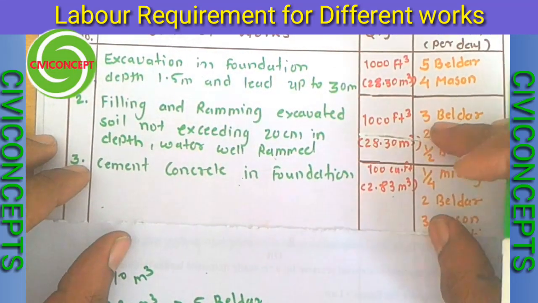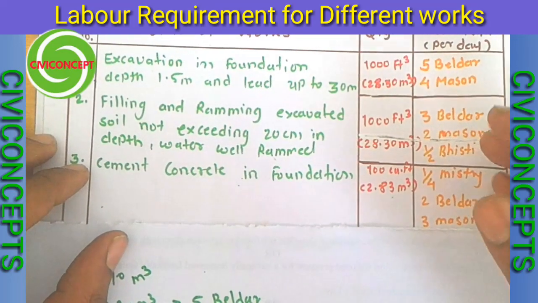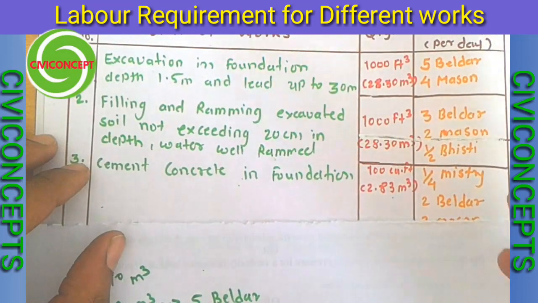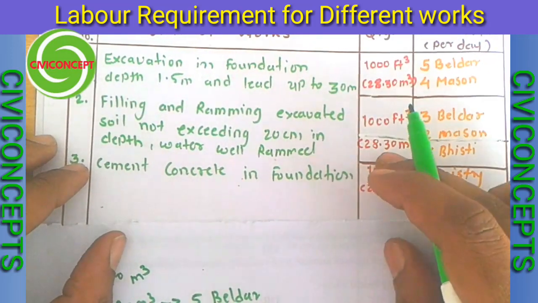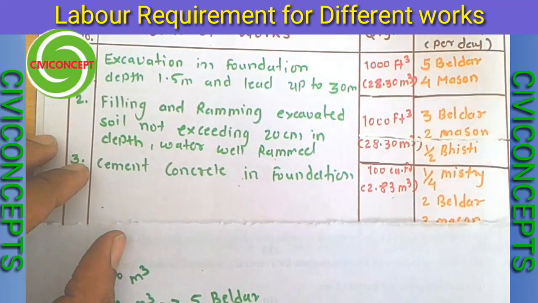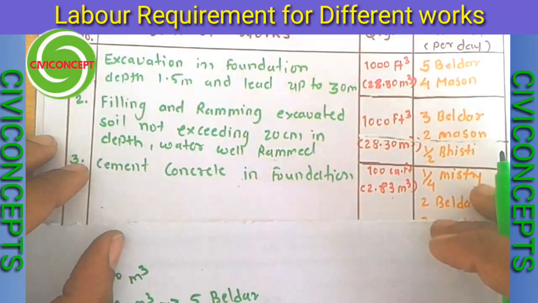You can also interpolate for any quantity. If you want to interpolate for 10 meter cube, you just need to interpolate that for 28.30 meter cube you require 3 beldar, so for 10 meter cube how many beldar are required.